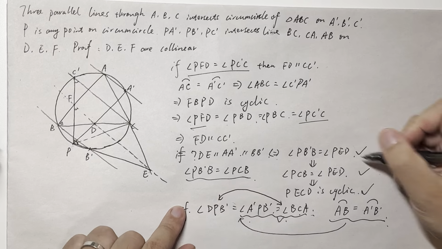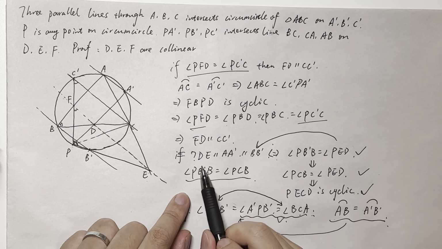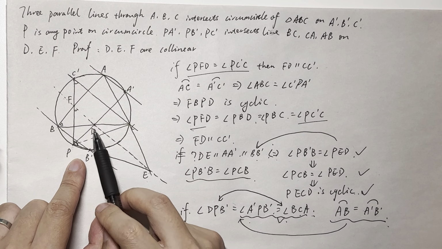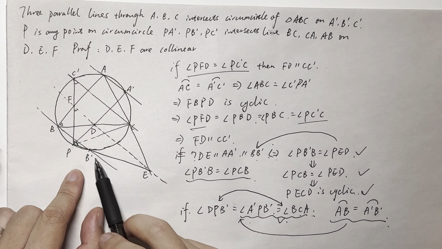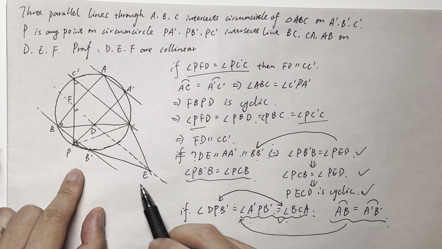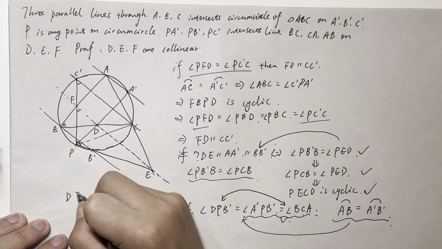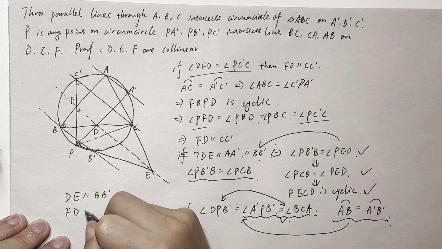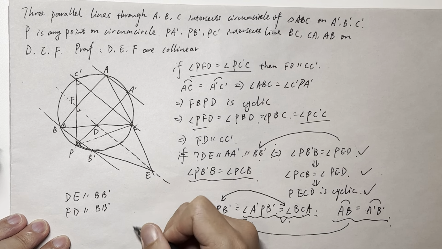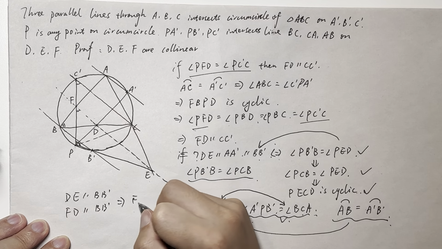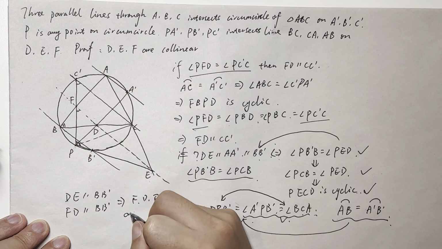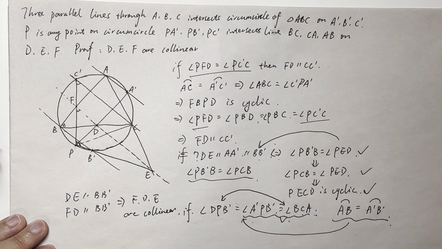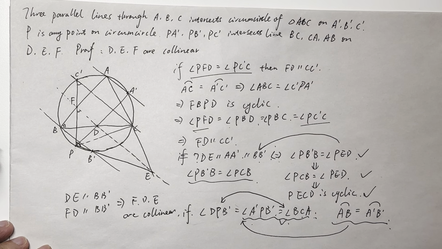This is true, and then we know that DE is in parallel with BB prime, and FD is in parallel with BB prime, which means FDE are collinear, right?